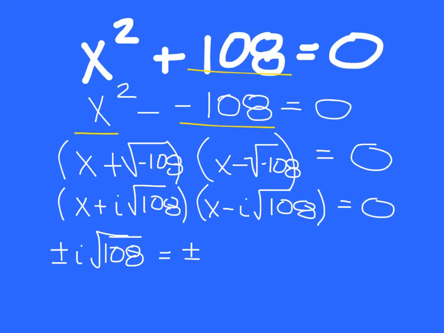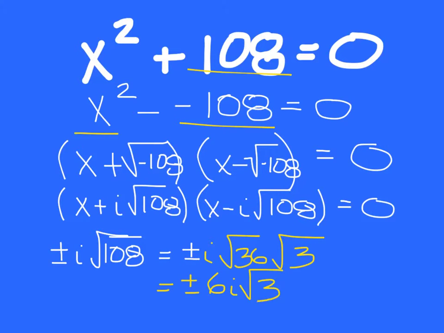You will eventually get to 36, which will go into 108 3 times. And the square root of 36 is 6, so 6i square root of 3 is the final answer.